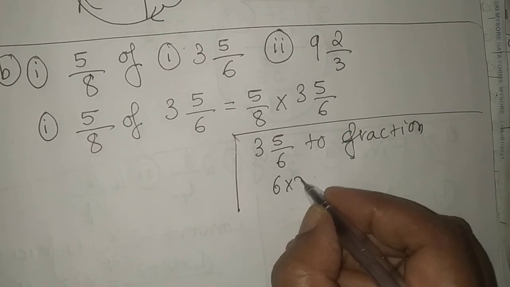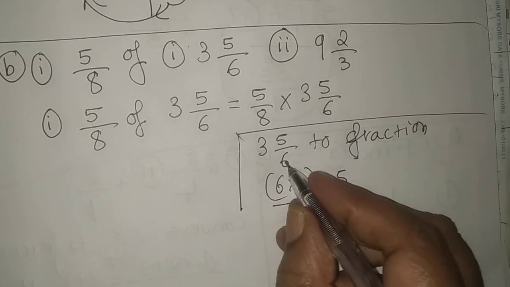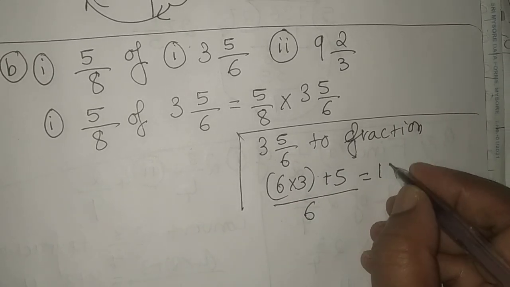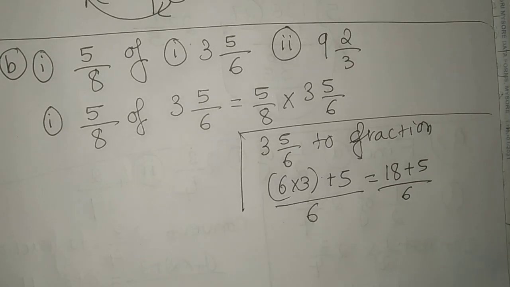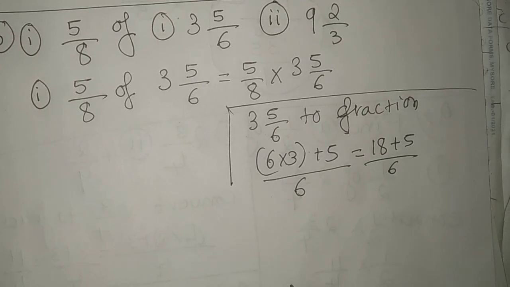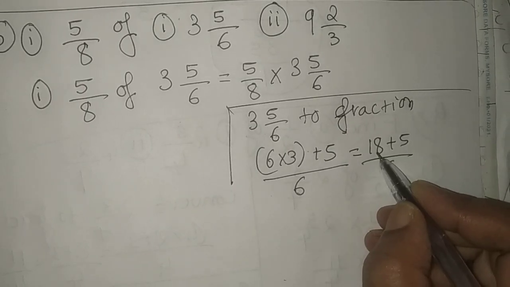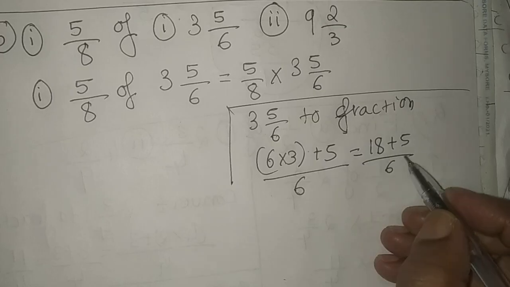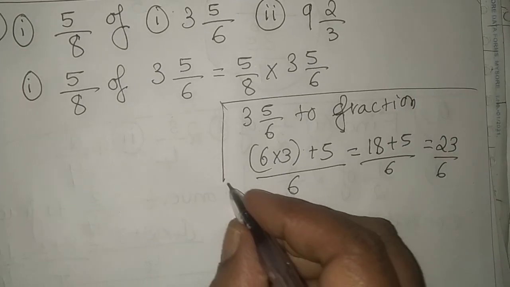That is 6 into 3 plus 5 by 6. Therefore 6 3s are 18 plus 5 by 6, which is equal to 18 plus 5 is 23, therefore 23 by 6.